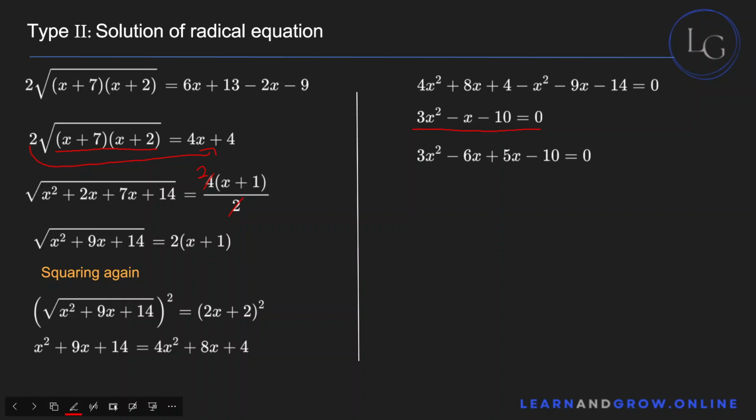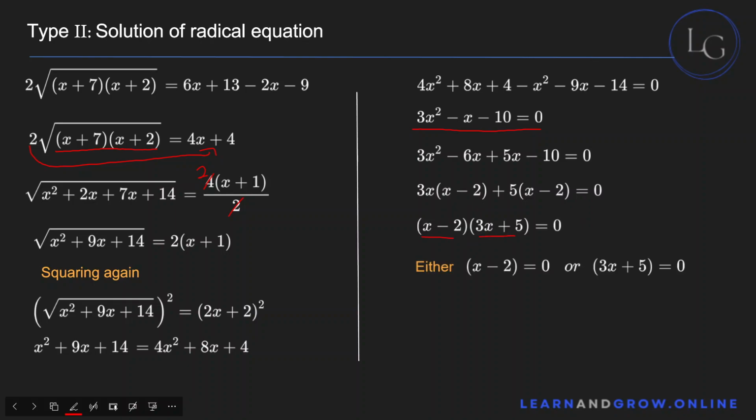Now, this is easily factorable. You can factorize this equation. And always remember, in trying to solve a quadratic equation, your best bet, and because it is the easiest way to solve it, is factorization. So this can be factorized, and now you'll get 2 terms for x, and now either x minus 2 is equal to 0 or 3x plus 5 is equal to 0, and now you get 2 solutions.